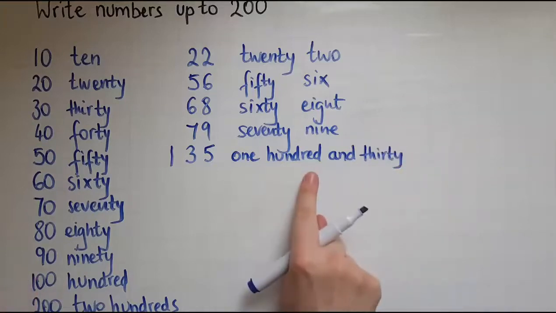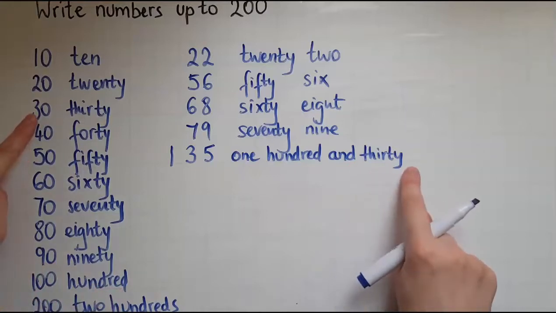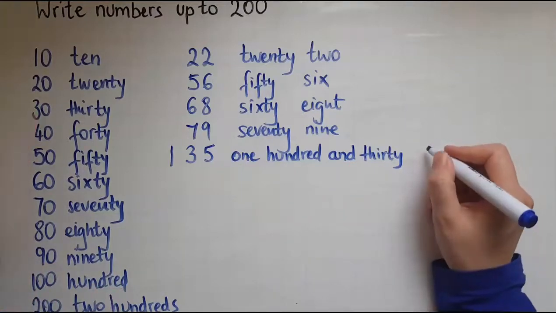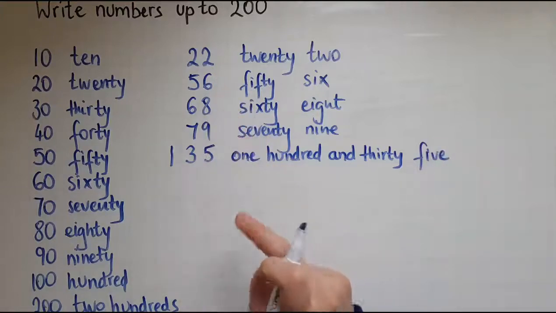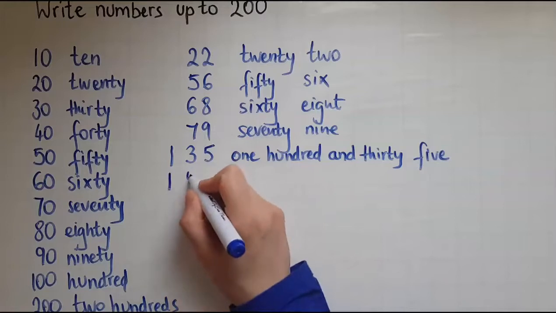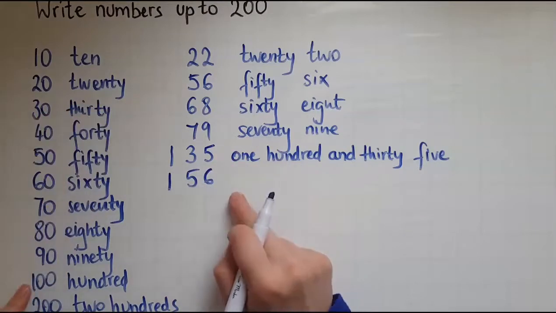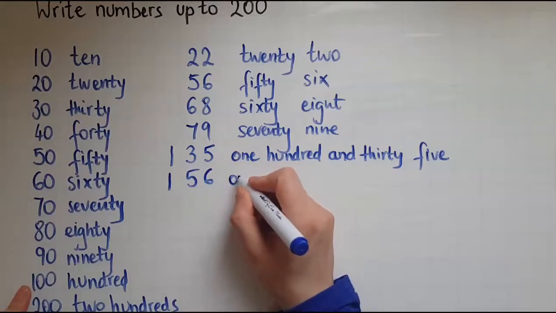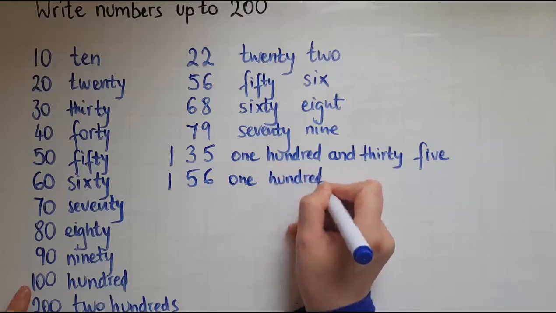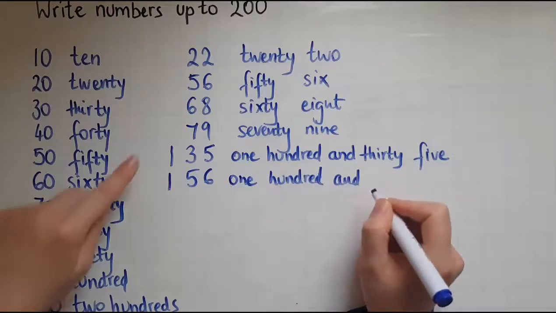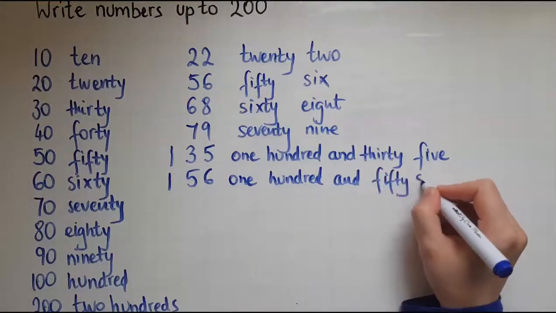So we've done the 100, we've done the 30 and the 5. If you want to write 156, so we've got the 56 there and we've got the 100 there, so we're going to write 100 and 56.